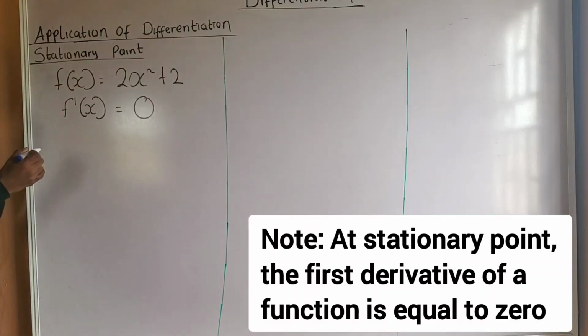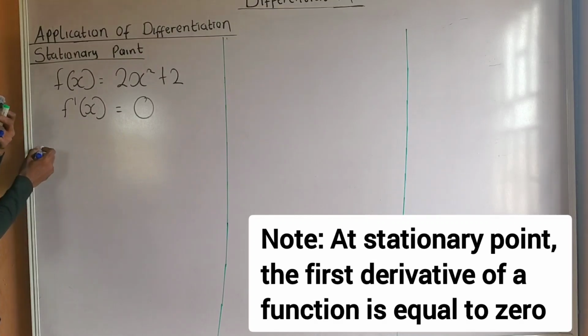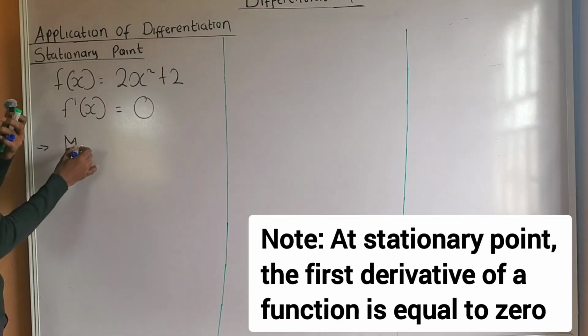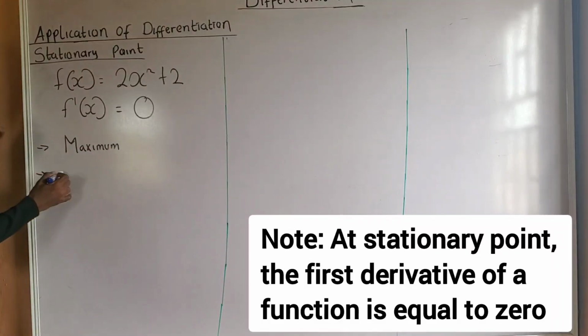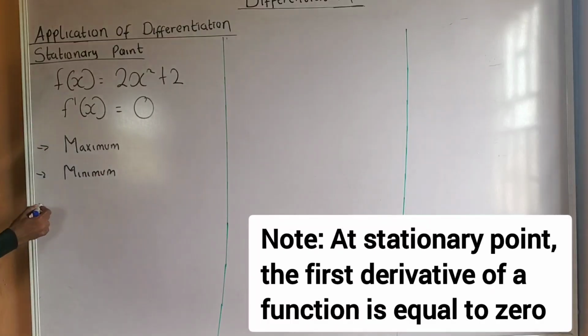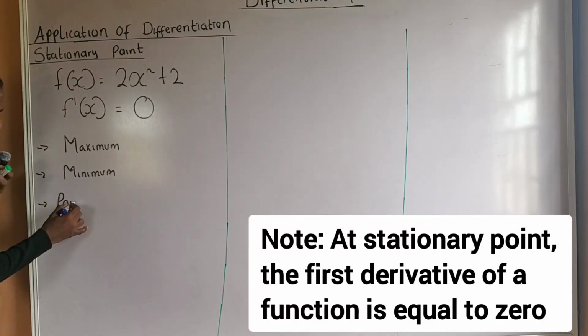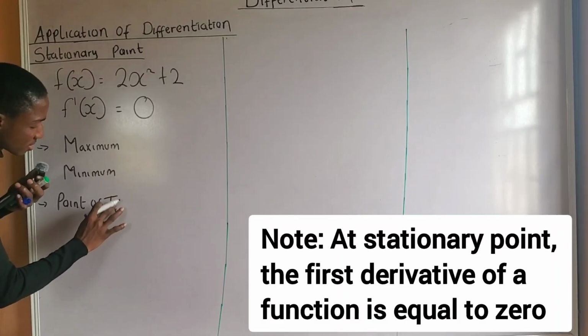Now, another important concept that I would like to introduce to you is that stationary point can be maximum. Please pay attention. It can be minimum, and it can be point of inflection.